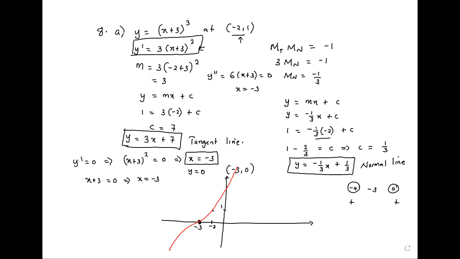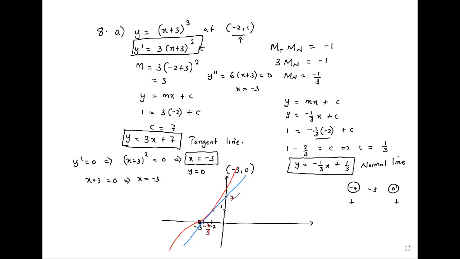So the other lines should be, this should be a tangent line, crossing the x-axis at -7/3, and here it's crossing the y-axis at 7.